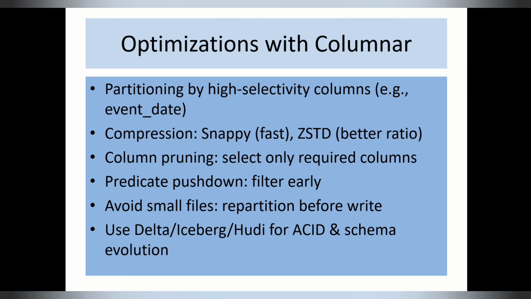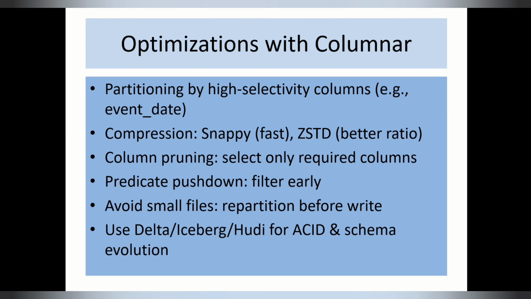As in my example, if you want to filter based on a particular event date or date range, suppose 2019 to 2020, you can pull all that data very easily. Compression: if you are utilizing a columnar file format like ORC and Parquet, you can utilize compression there also. Especially in Parquet you can utilize Snappy, which is very fast.